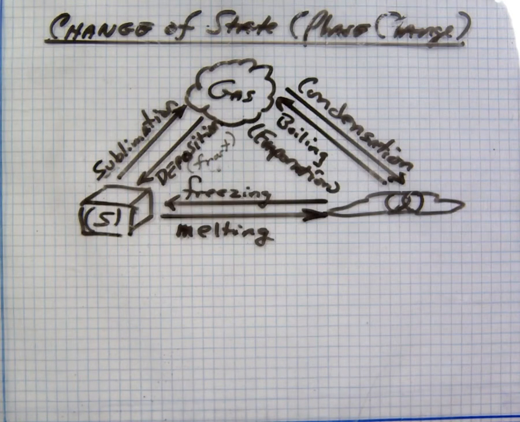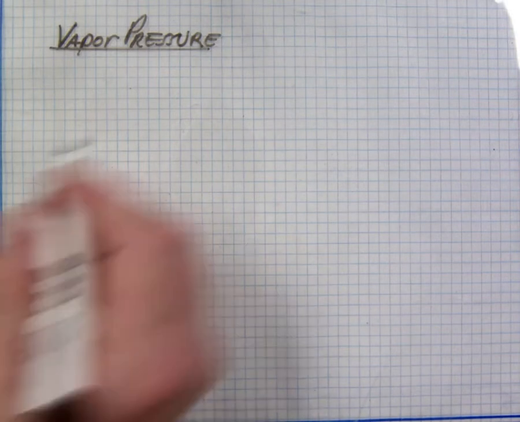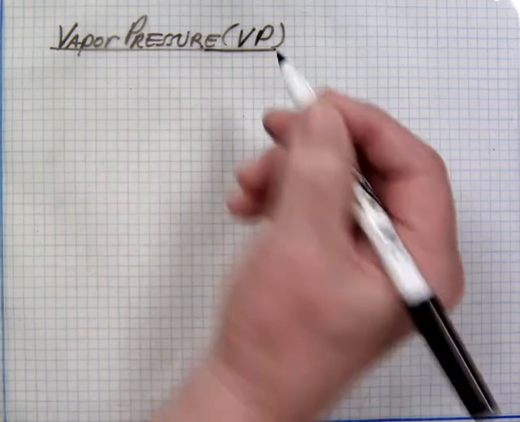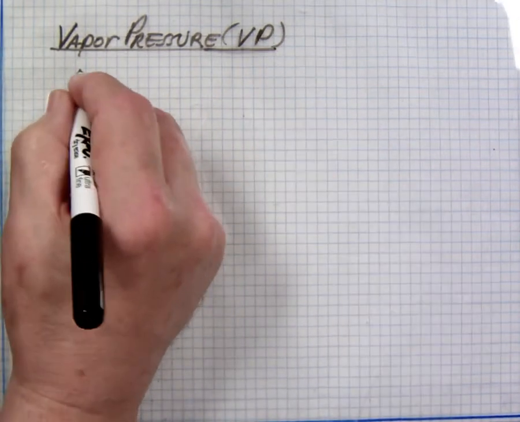Okay. Now, what's vapor pressure? Vapor pressure is the pressure exerted by a pure gas in contact with its pure condensed phase. We're going to use the symbology VP like that.